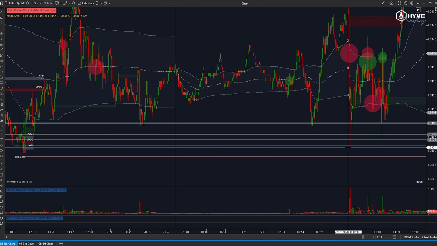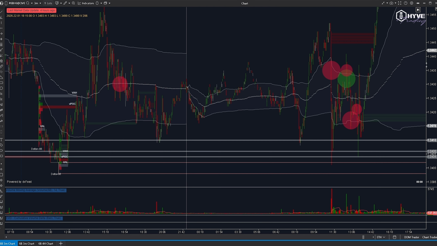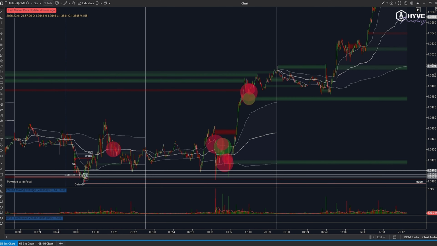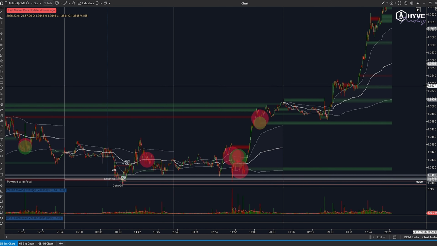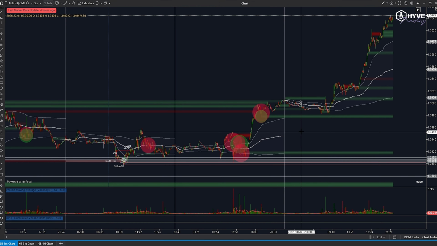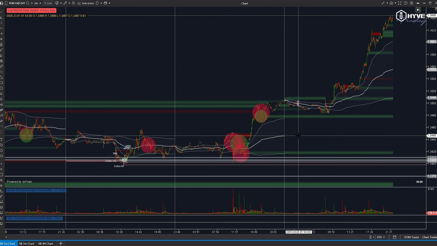Bang. As soon as price came in on this day, look, quick reaction, and price took off to the upside. If you're one of those guys that like to swing trade, you can use this to your advantage. For me, I like to get in and get out.